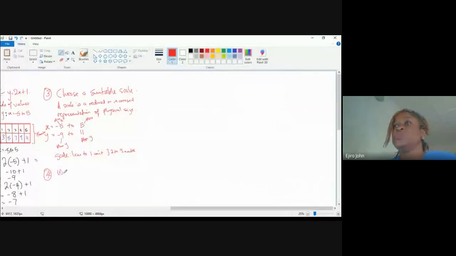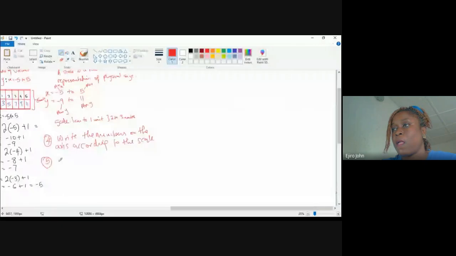After writing the scale and the numbers on the axis, the fifth step is to plot, that is, locate the points, or mark them on the graph.